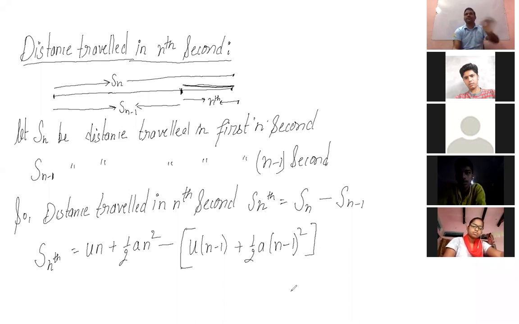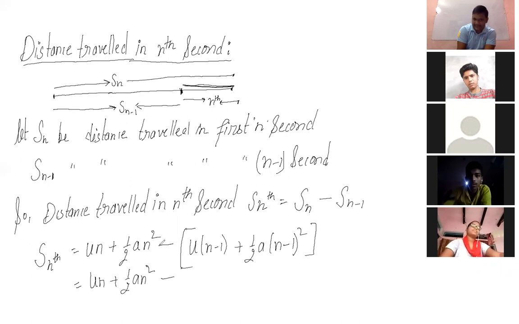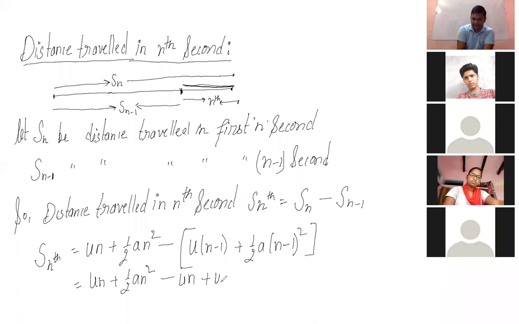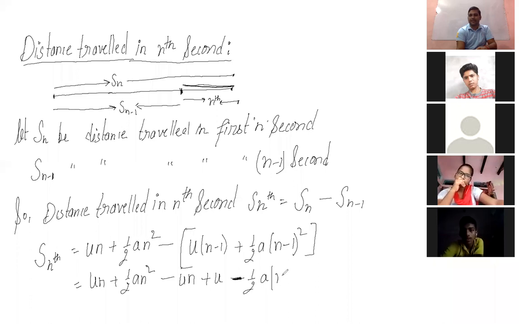Okay, now we have to solve these things. How can we solve it? We have un plus half an square. Now we multiply the minus sign by opening the bracket. This will be minus un and this will be plus u. Once you solve this, there will be a minus sign and half a, and you have to open this square bracket, then it will be n square plus 1 minus 2n.